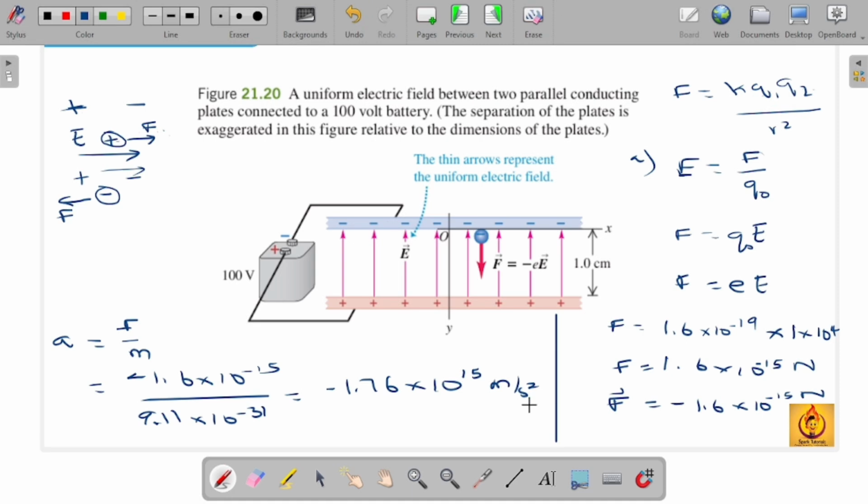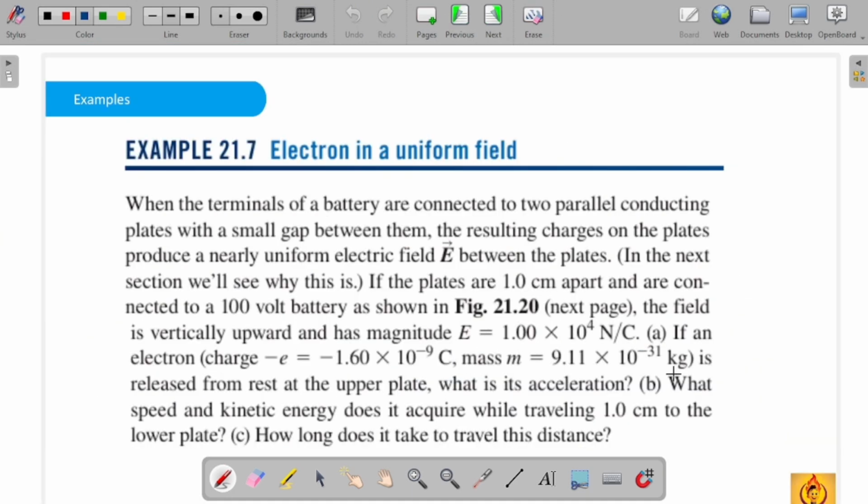Now we are done with this part. Let's move on to the B part. So the B part says what is the speed and the kinetic energy acquired after traveling 1 centimeter to the lower plate.